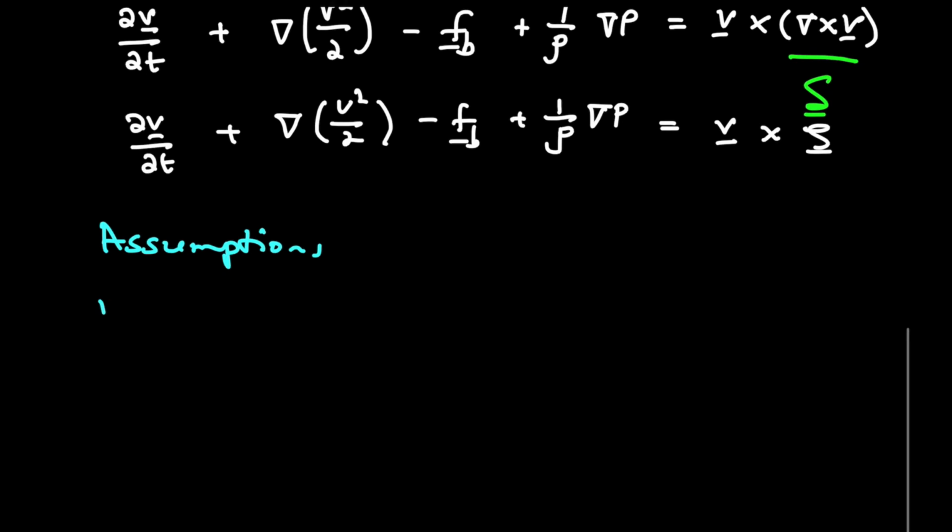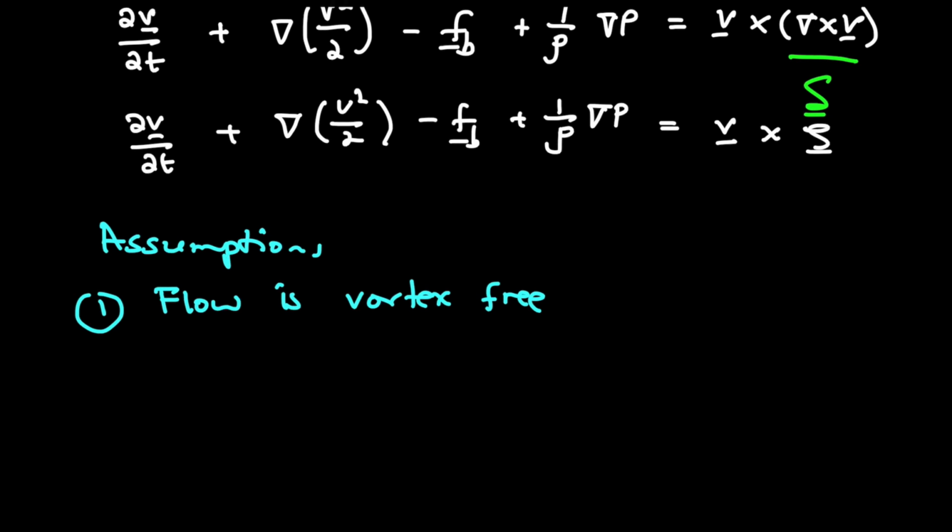Okay, so assumption number 1 that you're going to make is that this flow is vortex free, right? Or the vorticity, in other words, equals 0. By this flow being vortex free, it means that the vorticity, which is del cross V, should equal 0, right?